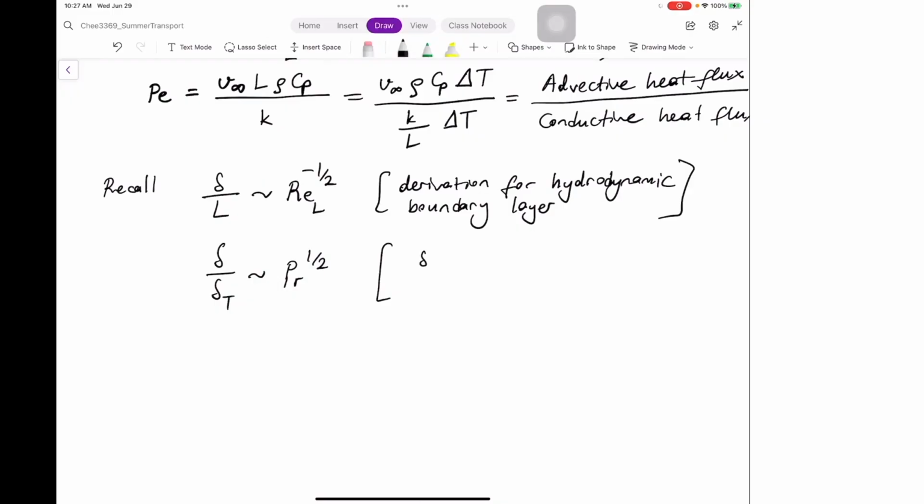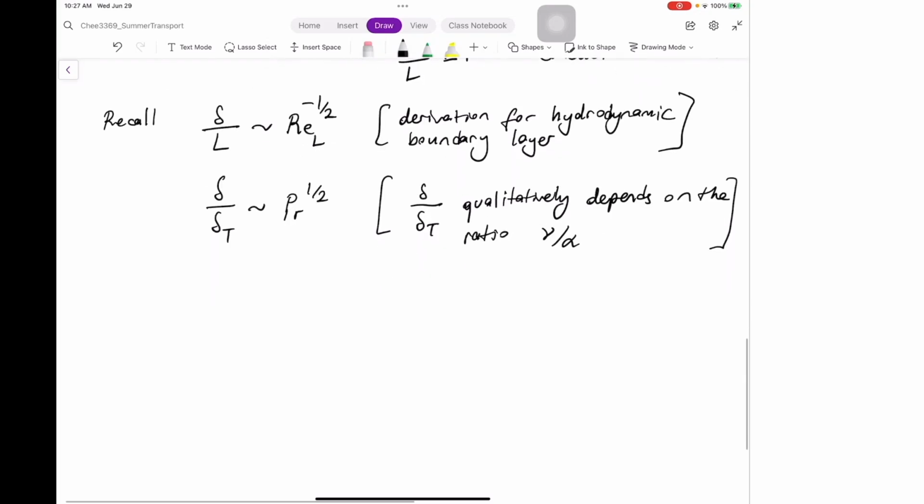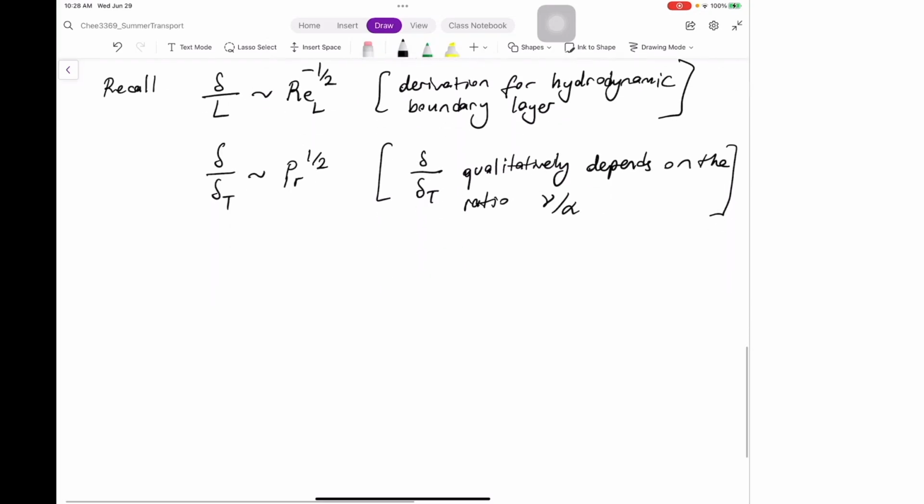We said that delta over delta T qualitatively depends on the ratio nu over alpha, right? We wrote down these things before. Okay. Let's now derive the expression for the Nusselt number.